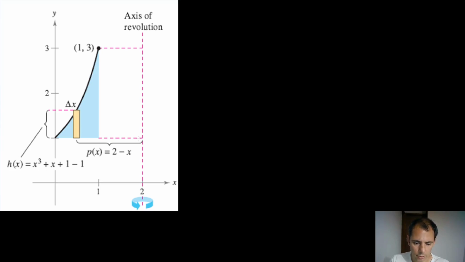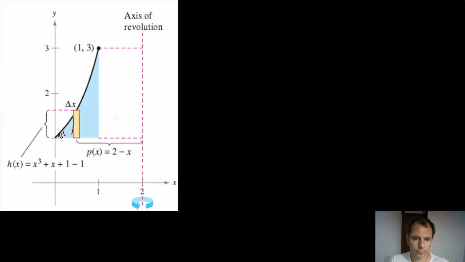This is x equals 2, so when x equals 2, p of x is going to be 0 around the axis of revolution, because the axis is not here, the axis is in here. When x equals 2, the distance is just 0. Of course, x is never going to be 2, because we're not going all the way here. We're going from x equals 0 all the way to x equals 1, which is here.